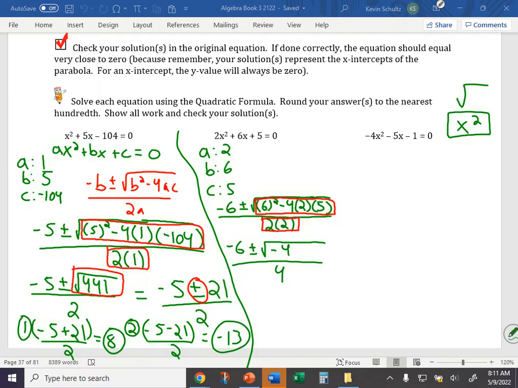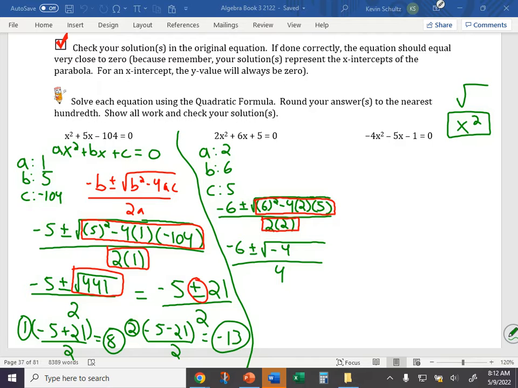And in 58, we didn't care about what the actual value was. We only cared about whether it was positive, 0, or negative. Any negative discriminant means it's not going to have any x-intercepts. Here's the reason why: the discriminant is a part of the quadratic formula, so if the discriminant is negative, you're asking us to take the root of a negative.